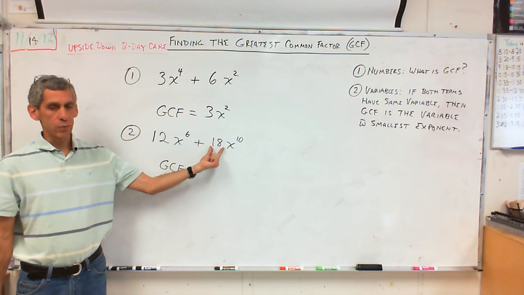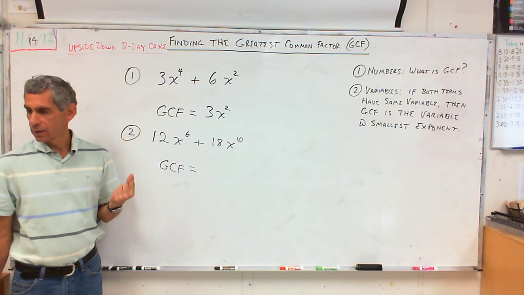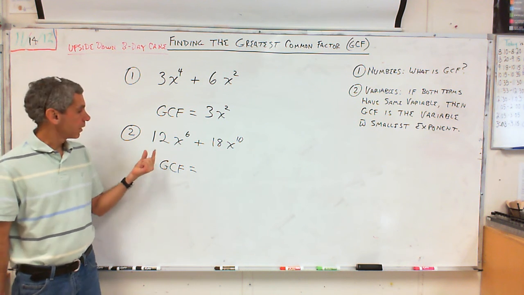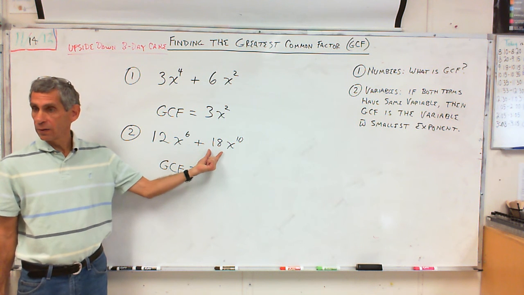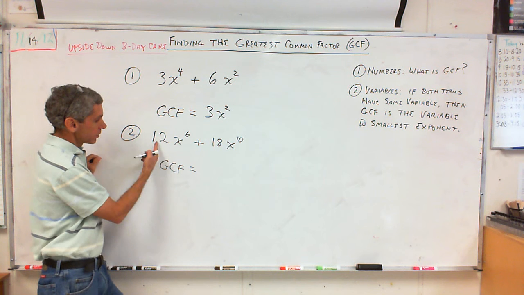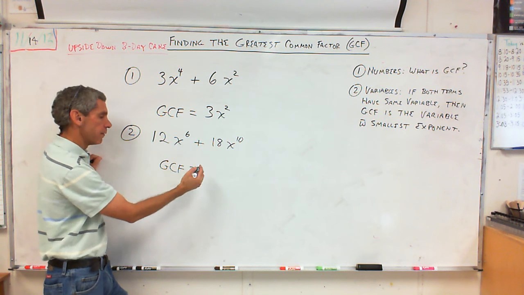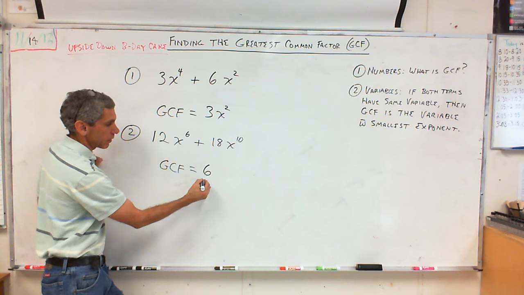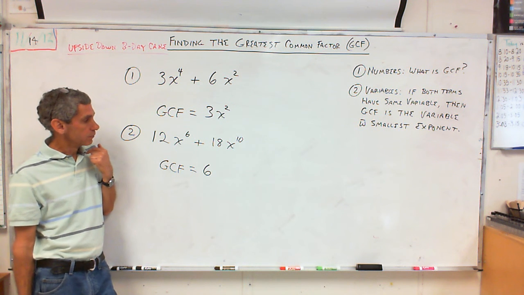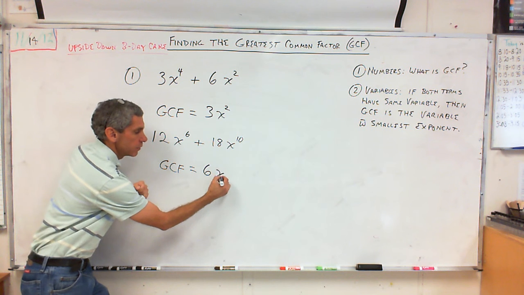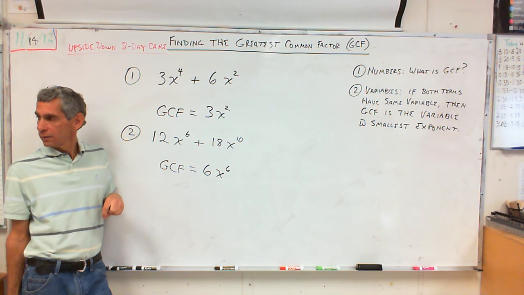No. Does 12 go into 18? No. 6. It's got to be evenly, right? 6 goes into 12, 6 goes into 18, right? That works. So 6, and that would give 6 times 2 and 6 times 3. And then what's my greatest common factor with the x's? X to the 6th. Not so hard, right? You're starting to get it. Does it make sense?